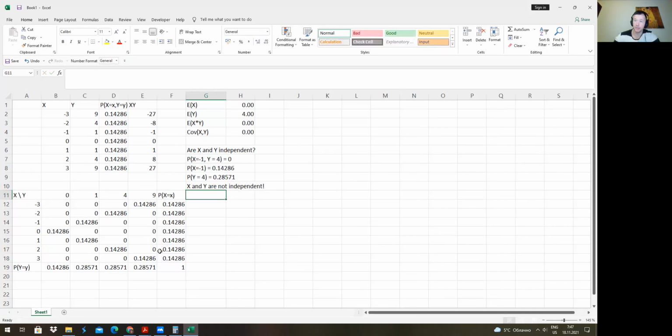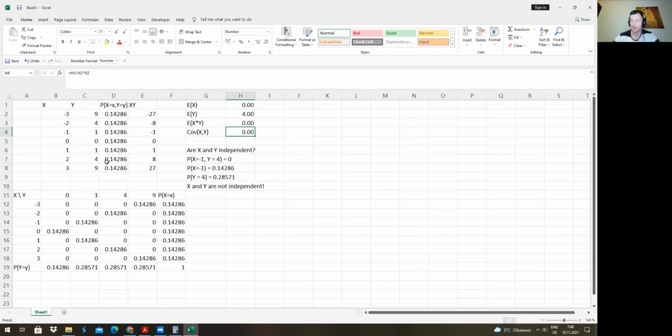So that's an illustration. Look, we have not independent variables with the covariance 0, because I constructed these variables in a way that they are dependent. So y is just a square of x. So don't mix these things up. Covariance shows you the linear dependency between two variables.